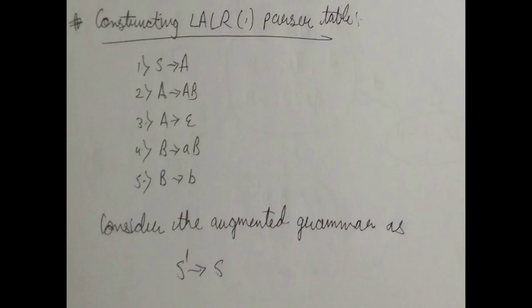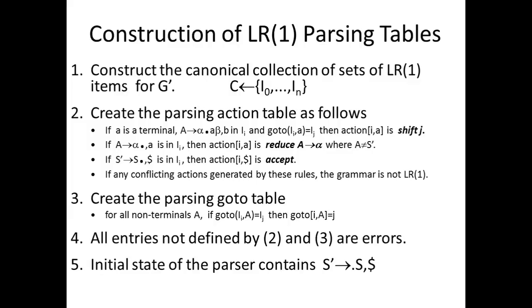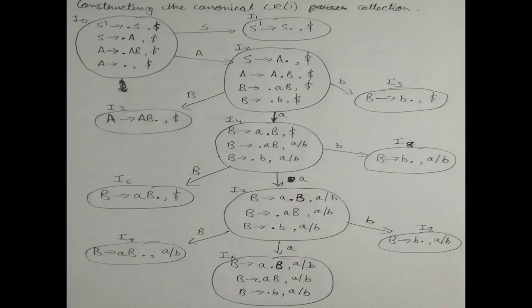Moving on to the LALR1 canonical collection, let's analyze closely. For states I4 and I7, we see that they have the same cores but different look ahead values. As we can see, B gives a.B and B gives a.B, but the look ahead is dollar and a/b.